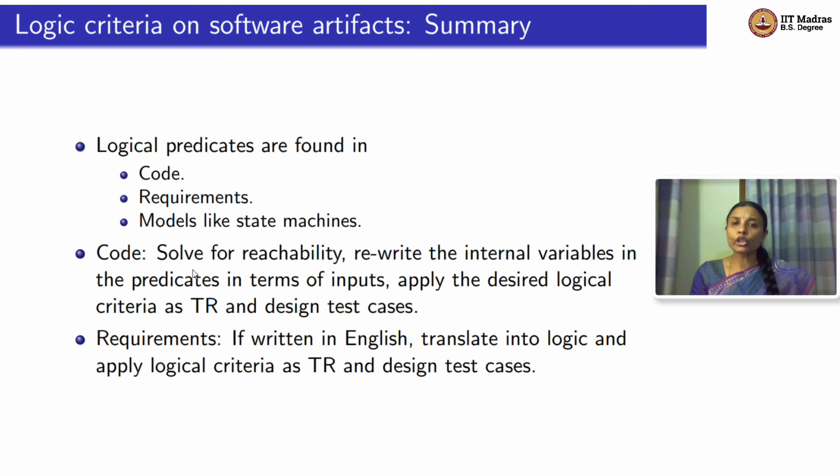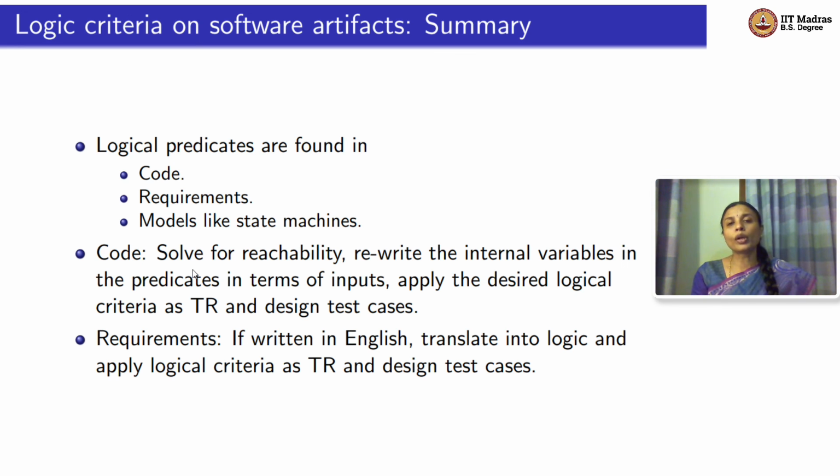So I'll end this module by summarizing logic coverage criteria. We saw logical predicates. They were found in code. They were found in requirements. They were found in software artifact models like state machines. For code, you have to work with logical predicates. You have to solve for reachability. You have to rewrite all the internal variables in the predicates purely in terms of inputs.